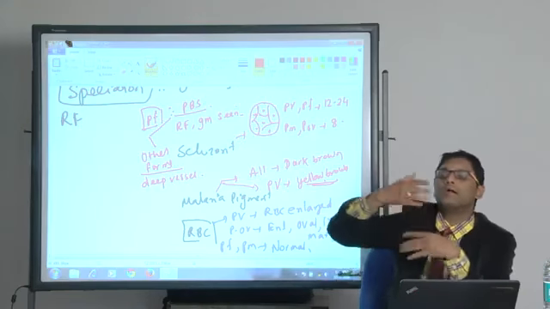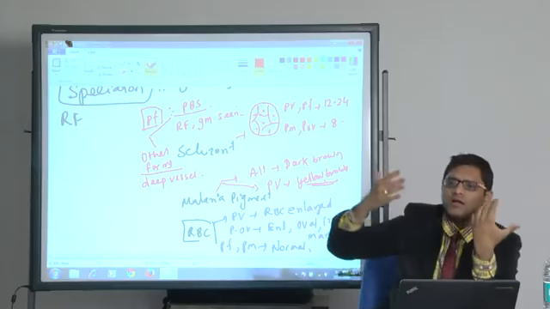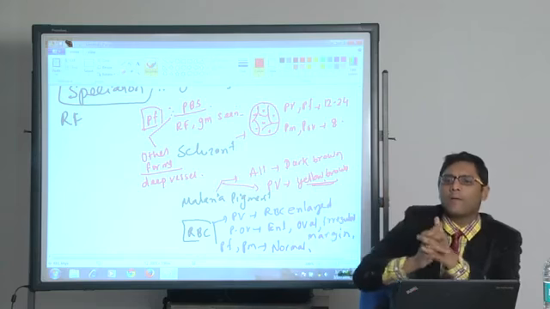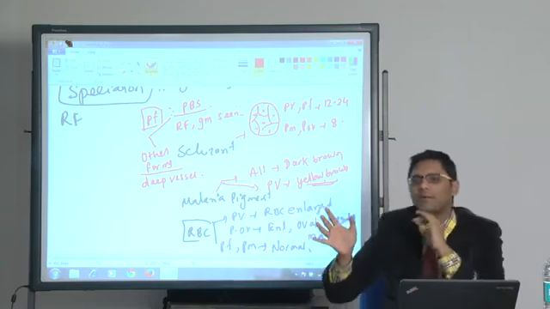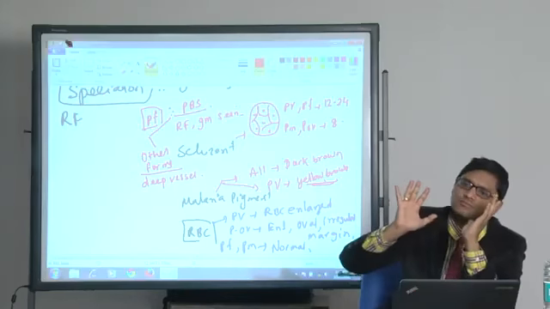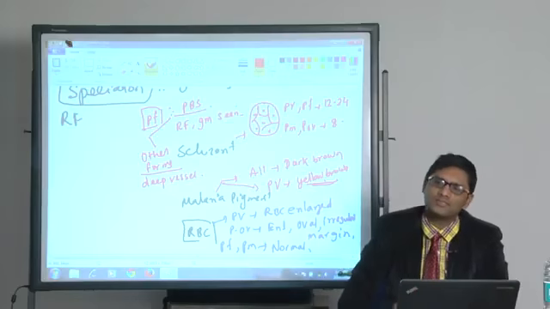Falciparum usually completes most of the RBC cycle in the deep organ vessels, brain vessels, liver vessels and all that. In peripheral blood only the first form and the last form will be seen: the first is the ring form and the last form is the gametocyte. The remaining stages occur in the deep vessels.